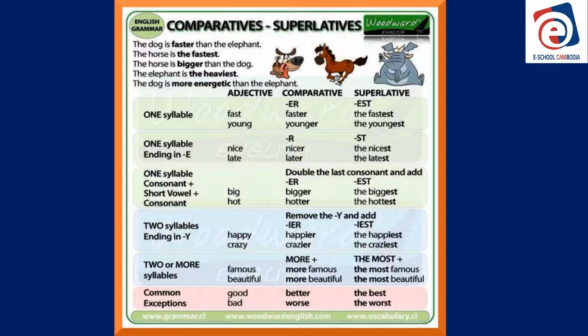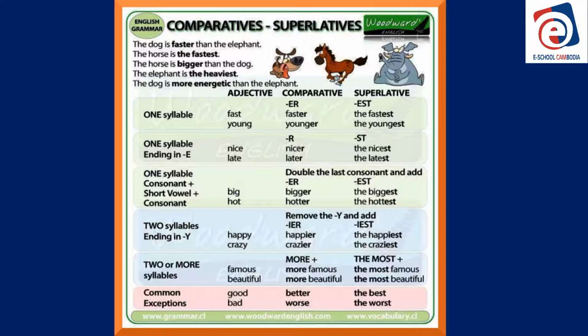All right? And so if you look, let's just read from the top. The dog is faster than the elephant. The horse is the fastest. The horse is bigger than the dog. The elephant is the heaviest. The dog is more energetic than the elephant. All right, faster. Okay, we're comparing two.